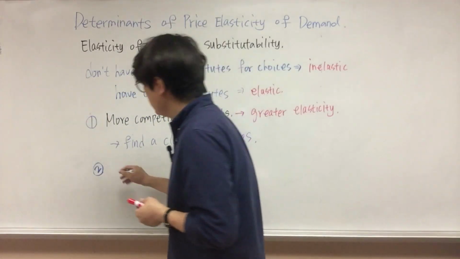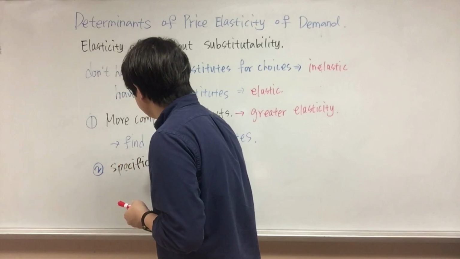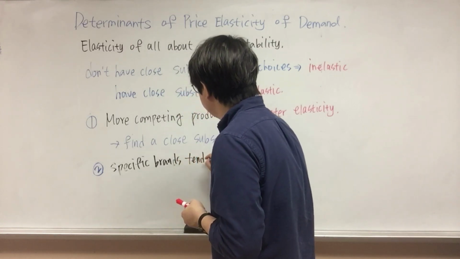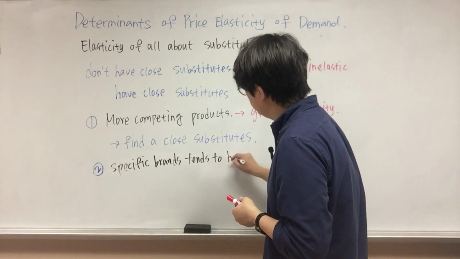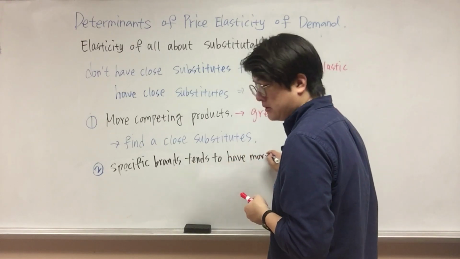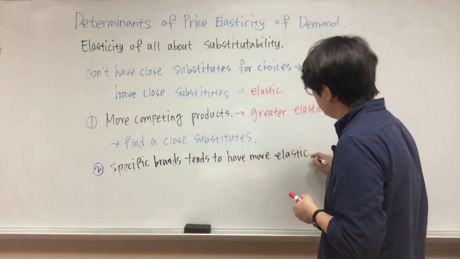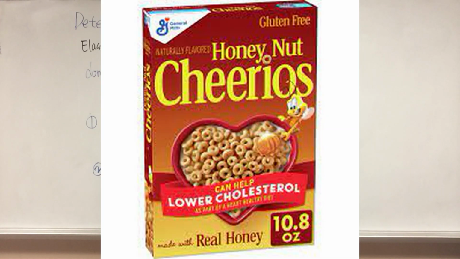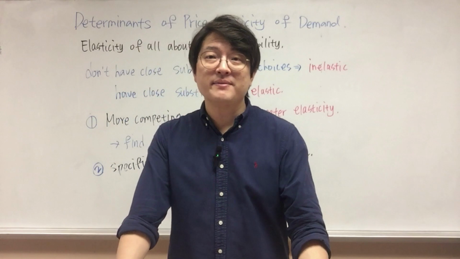Okay. Second, specific brands tend to have more elastic demand. So for example, my favorite cereal brand is Honey Nut Cheerios. Okay, do you like it too? There will be lots of cereals in the market as alternatives, right?